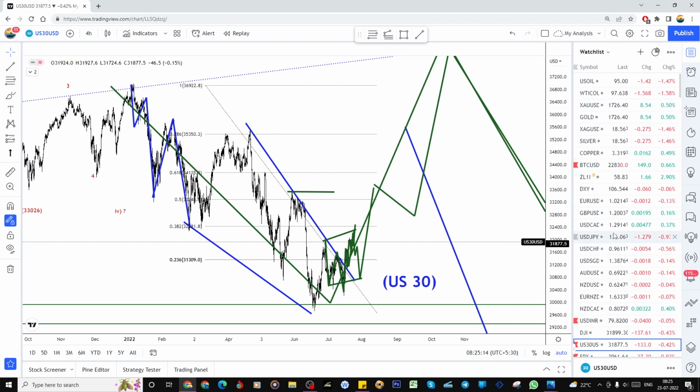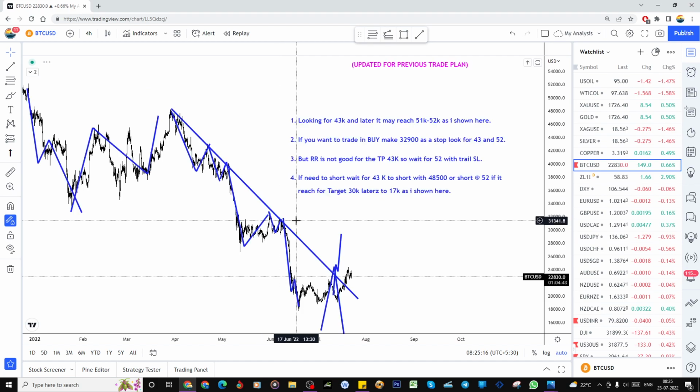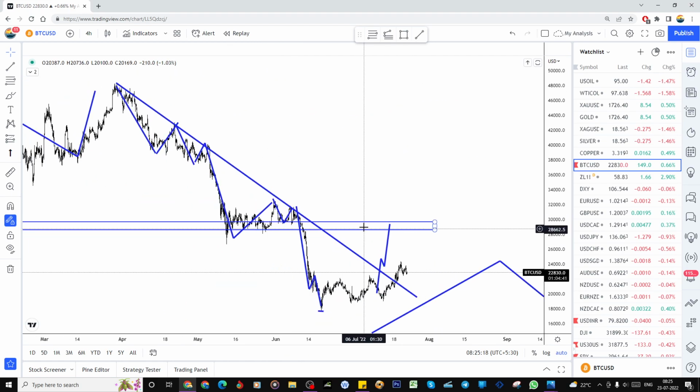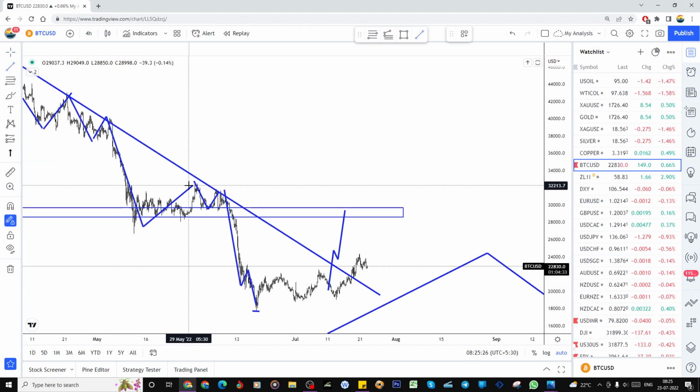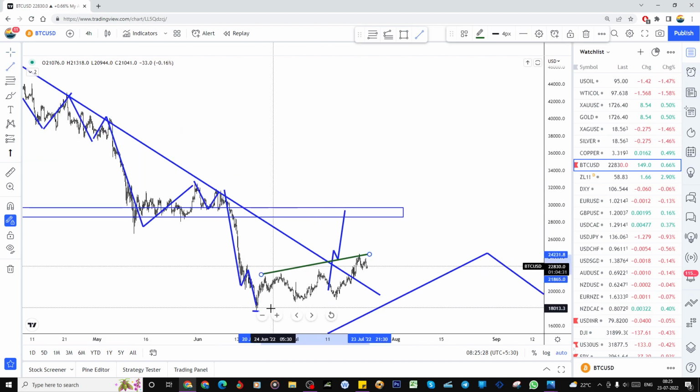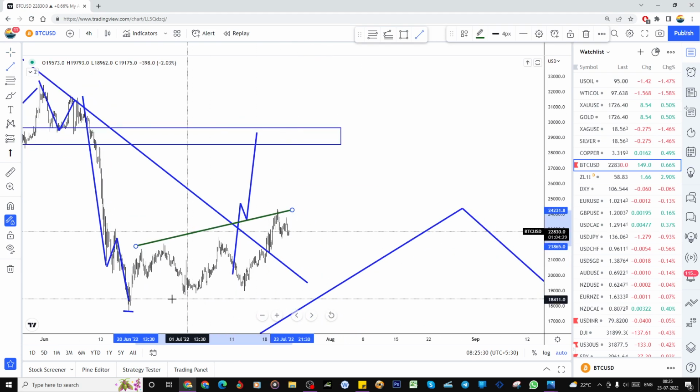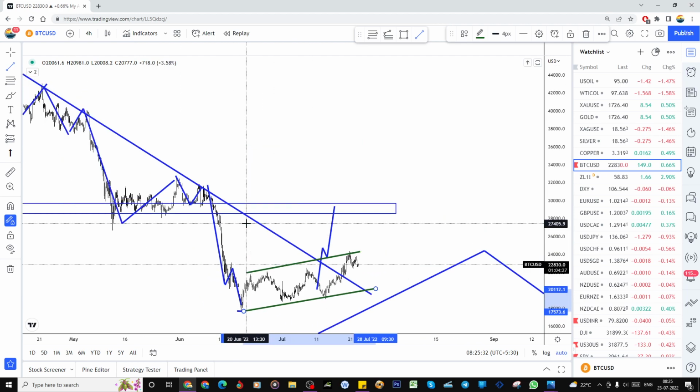Where is that BTC? Yeah, here. What I explained here, from this could be the connecting wave, and one more high is also possible, right? And where we are, the correction part. Here is the correction part.